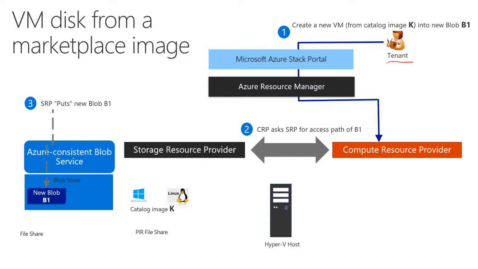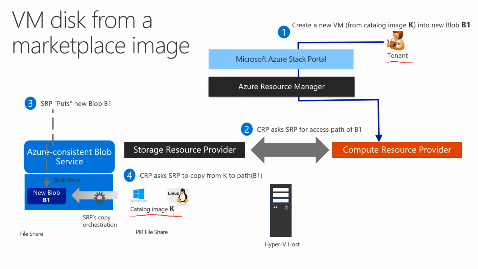So next step is that the compute resource provider asks the storage resource provider for the access path of B1. The storage resource provider puts a new blob B1 on its Azure consistent blob storage. After that, the compute resource provider asks the storage resource provider to copy from K to path B1. That's what you can see here.